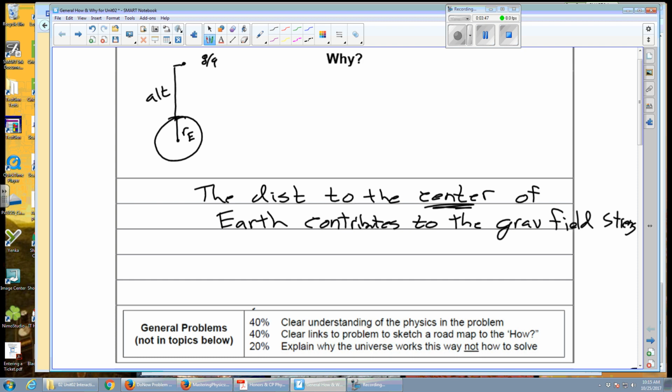What else? Well, what creates the gravitational field? What about the Earth makes it have a gravitational field? It's mass. So I'm going to even just say that straightly: the mass of the Earth creates the field.